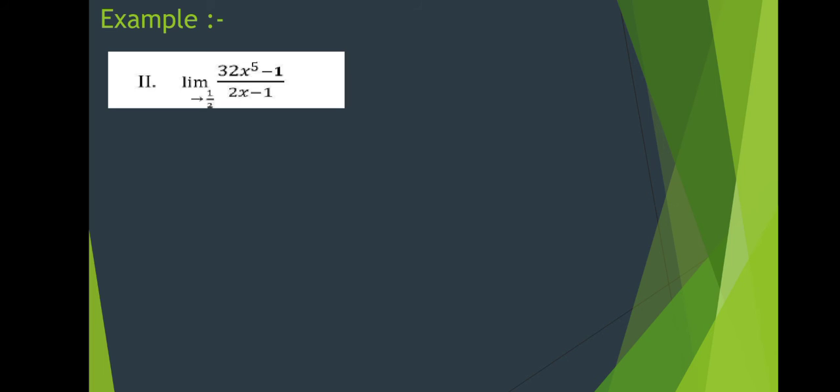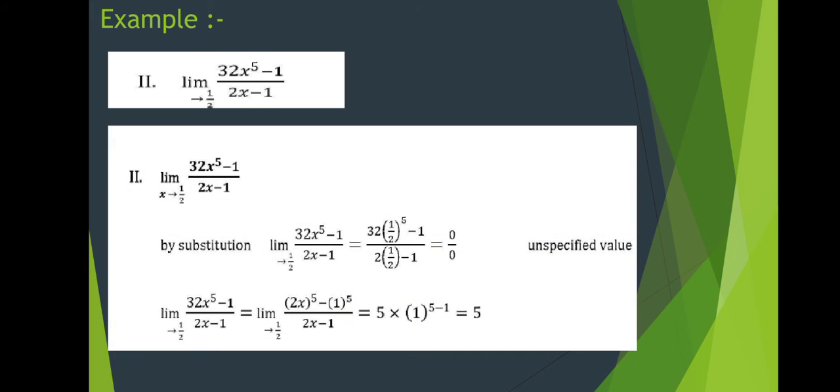Yes, it x tends to half. Yes, what we do first, as we said before, substitution. We must substitution. We get 0 over 0 unspecified values. Yes, we want what here? يبقى هعمل ايه هنا 32x power 5. Yes, it's difficult to factorize and we used the formula here.